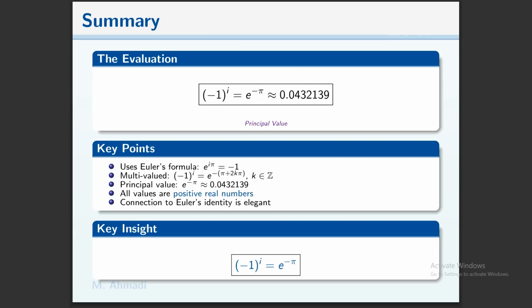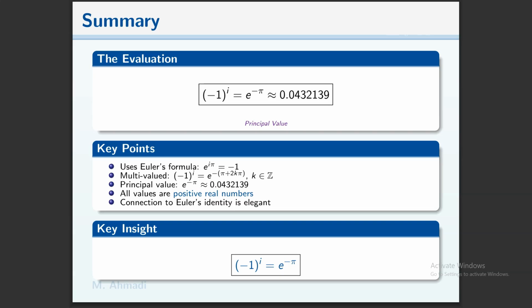The value of (-1)^i equals e^(-π), approximately equal to 0.04321391. There are some key points about (-1)^i. It uses the Euler formula e^(iπ) equals -1. It is multi-valued: (-1)^i equals e^(-(π + 2kπ)).